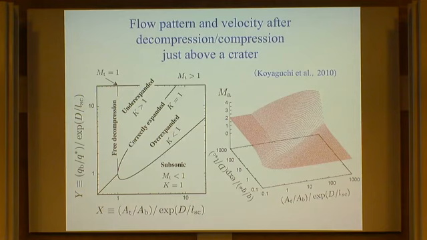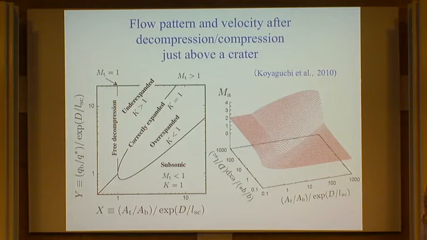If, for example, we fix the mass flow rate at the bottom of the crater, then when the cross-sectional area increase is very small, the flow is choked at the top of the crater. So the Mach number is automatically 1 at the top of the crater, and the pressure is usually higher than atmospheric pressure.